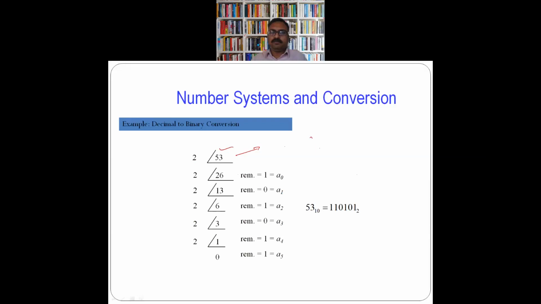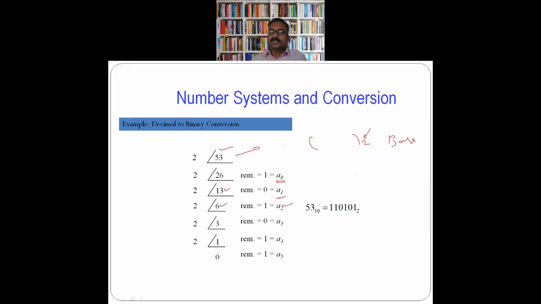So for example, we will see this 53. We have to convert it into a binary number. In this case, the base is 2, so you have to divide this number with 2. 53 divided with 2, quotient 26, remainder is 1, and 26 divided with 2, you will get quotient 13, remainder 0. Again you divide 13 with 2, quotient is 6, remainder is 1.